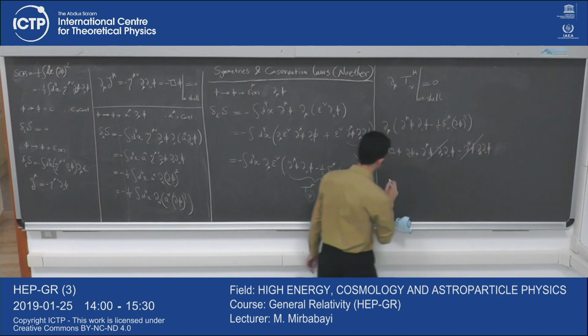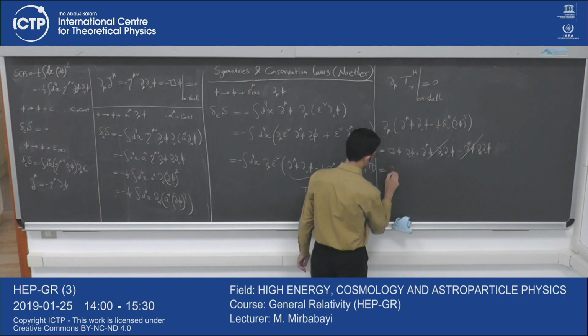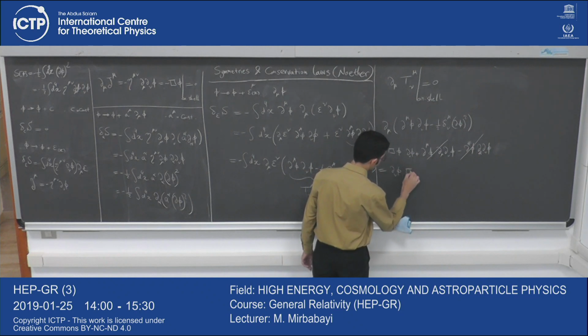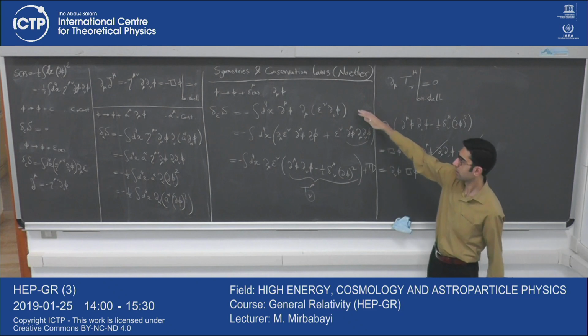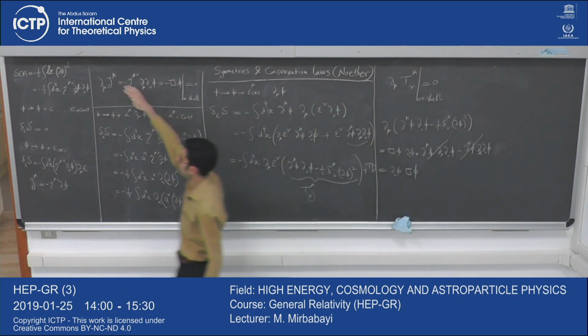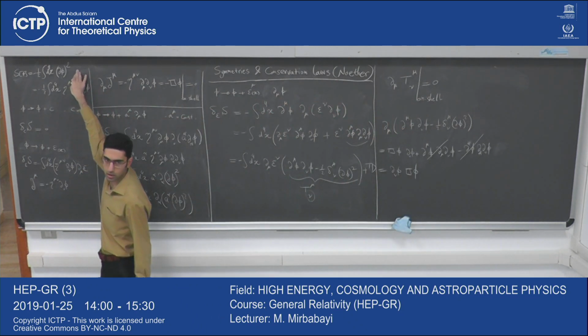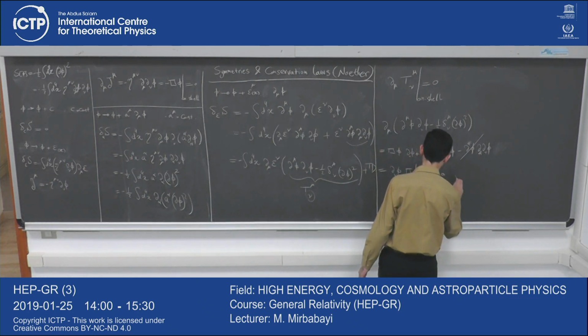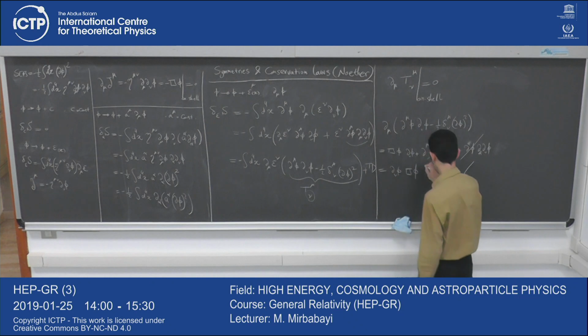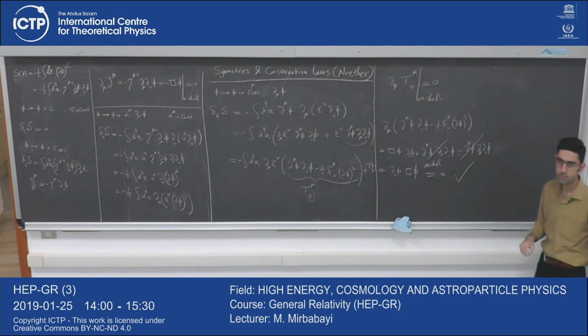So I end up with d nu phi box phi. But on the equations of motion of this action, box phi is equal to 0. So this is equal to 0 on shell, as expected.